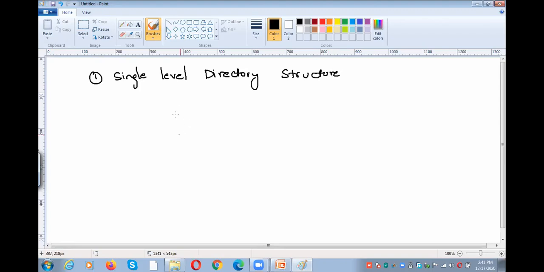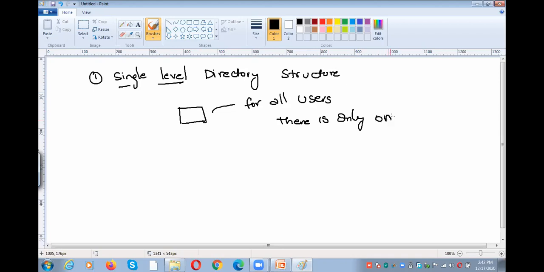So what is single level directory structure? What is the meaning of single level? Single level means there is only one root directory. That means for all the users there is only one directory, so that is the reason why it is called single level.